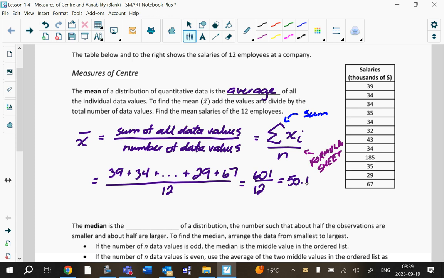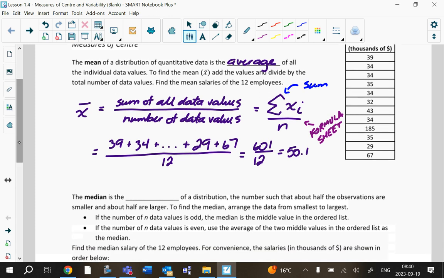But units are really important when you're calculating measures of center and variability. So this is not a completed answer. What would you say the average is? If it's 50.1, what does that mean? 50.1, so 50,100.